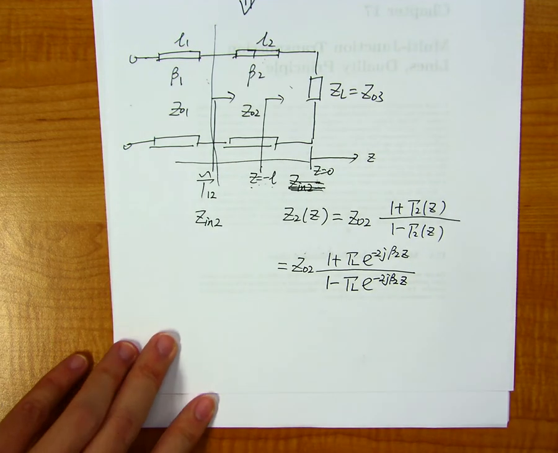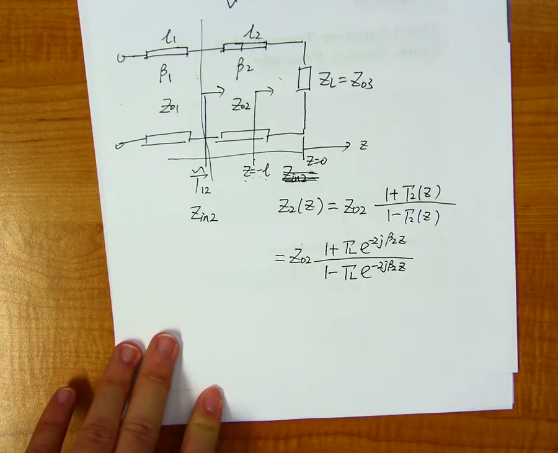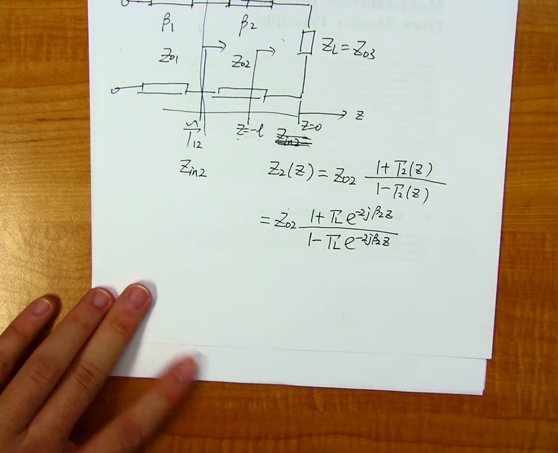Right, so this is the input impedance if we look from the second transmission line.